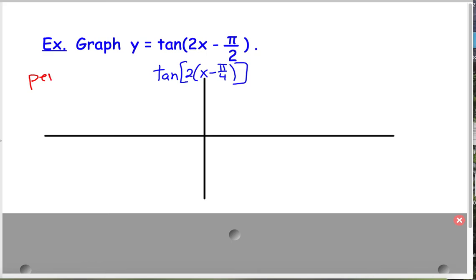But the normal period of tangent is pi, and then we have to divide by the coefficient of x, which is 2. So the period for this one is going to be pi over 2, and this has a phase shift of pi over 4 to the right. And with that, you should be able to see how to shift your tangent graph.